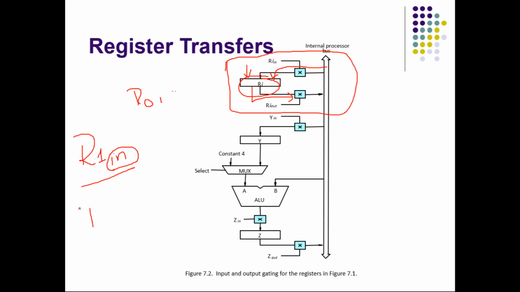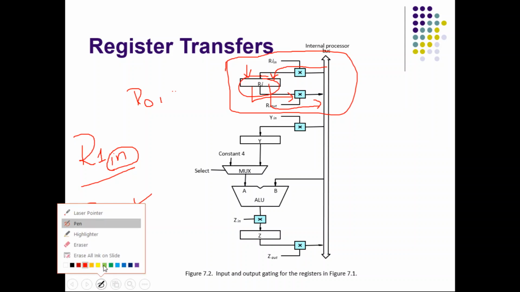If it is R1 out, it means that whatever data is available in R1, you move that to the internal bus. This can be generalized.